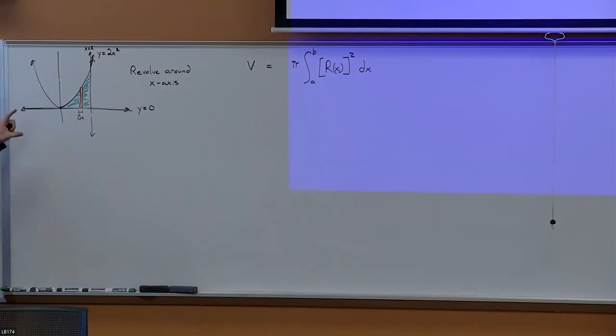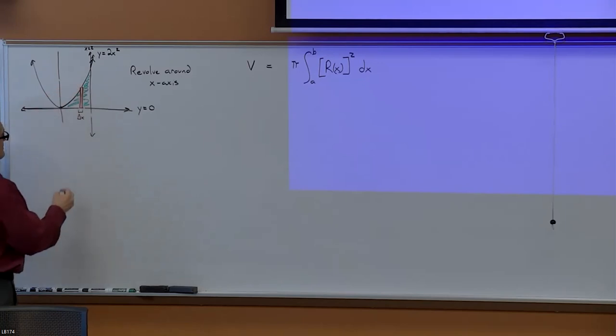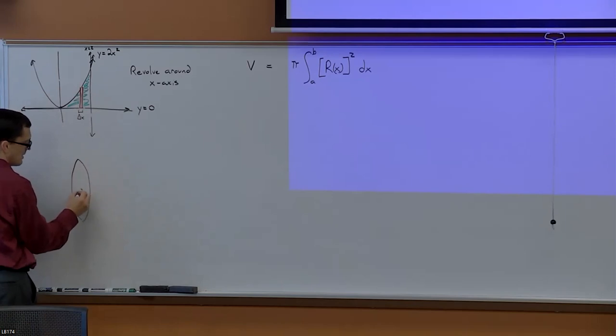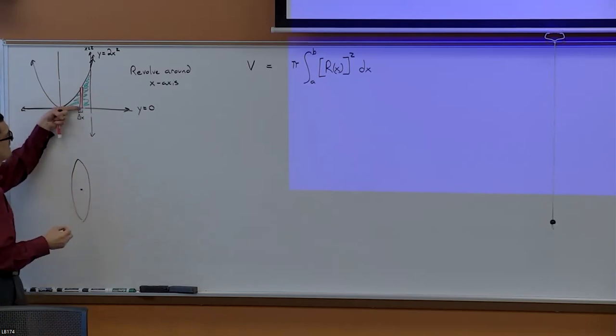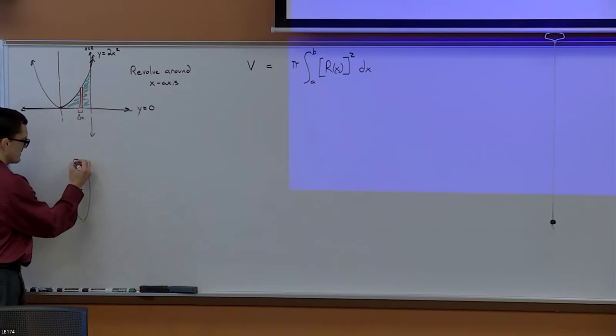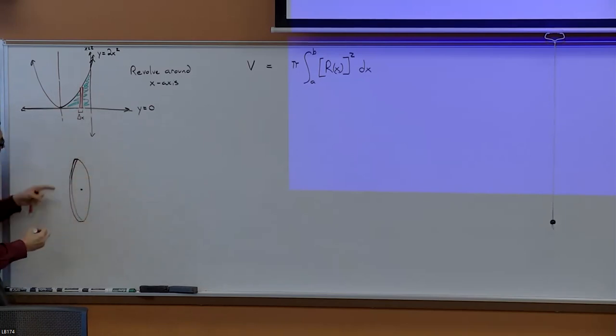The nice thing about these, when I talk about the radius of a disk, and I rotated it around some line, the radius of the disk is always going to be from the top of the disk down to wherever I'm rotating around. Everybody understand that?